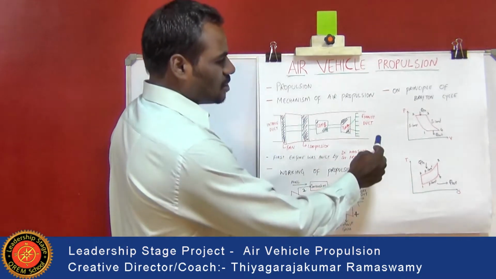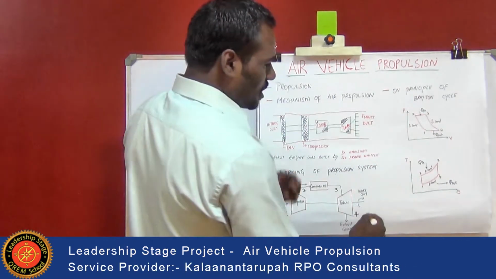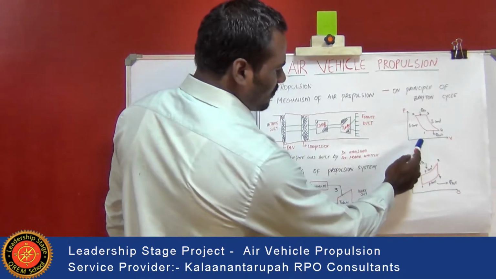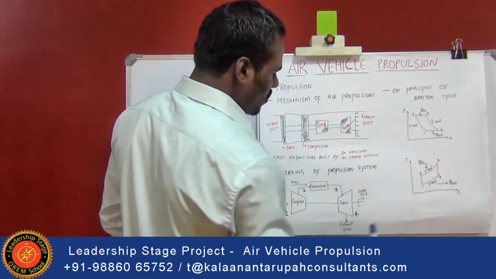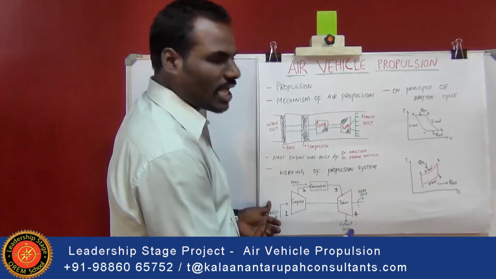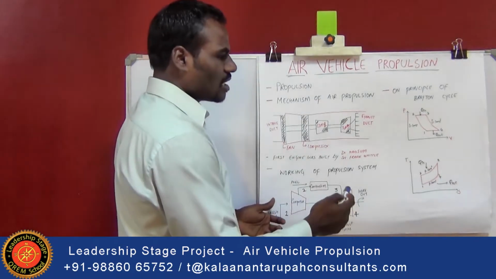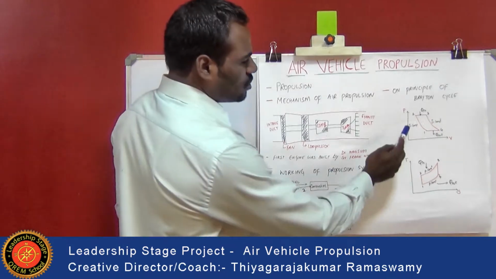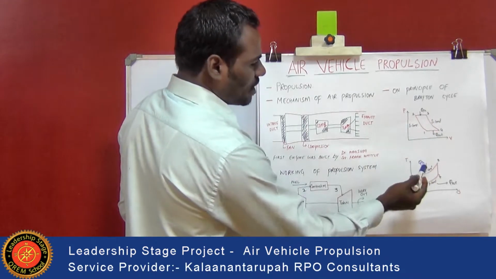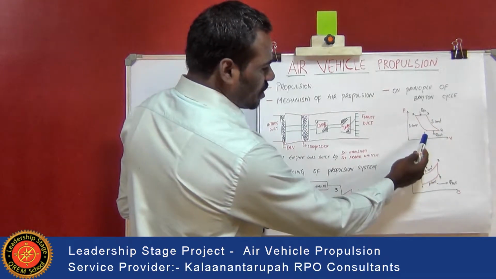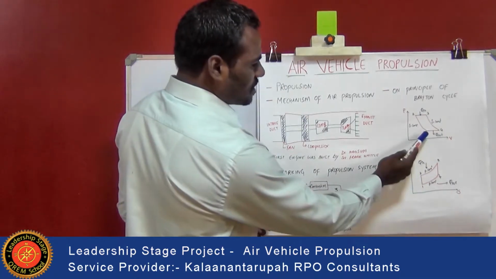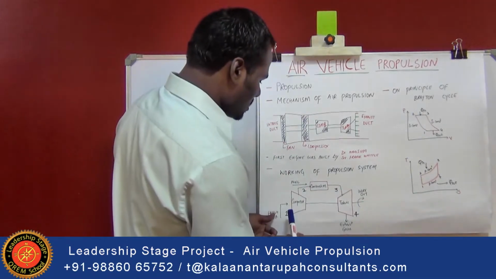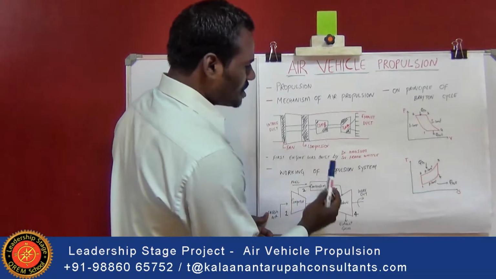Here with respect to the pressure and volume graph, the different stages of the cycle represent the conditions of the air, and what the temperature drop and the pressure drop are at each stage. With respect to the pressure and volume, we are looking at the cycle from 1 to 2, which is from the inlet to the combustion chamber.